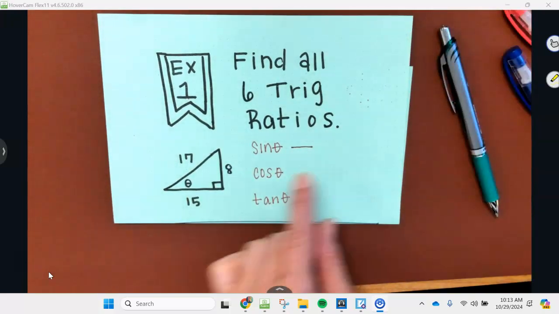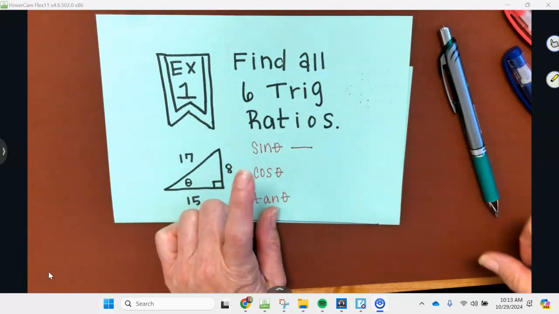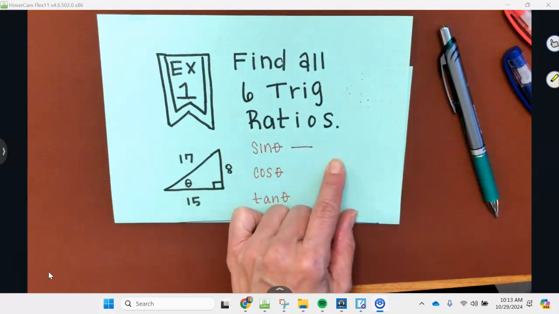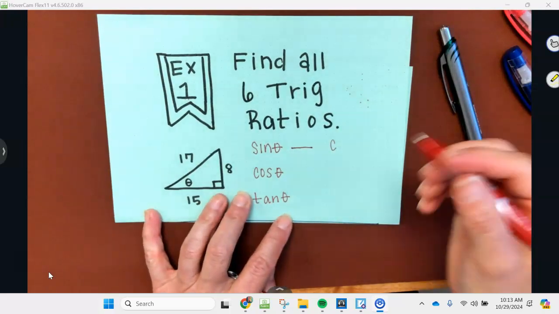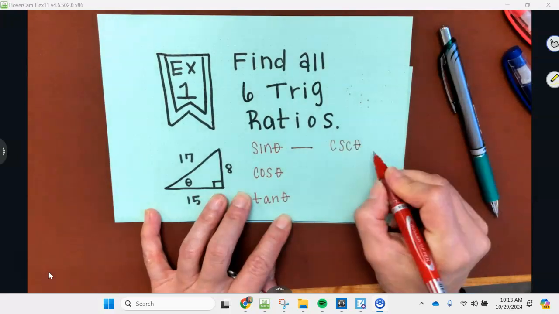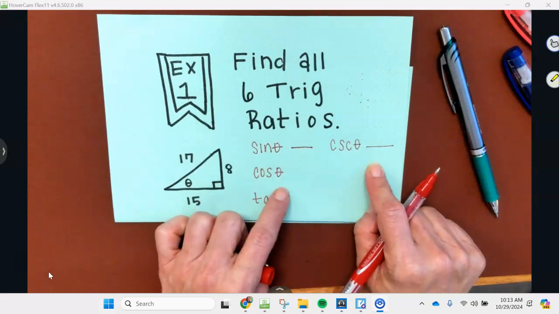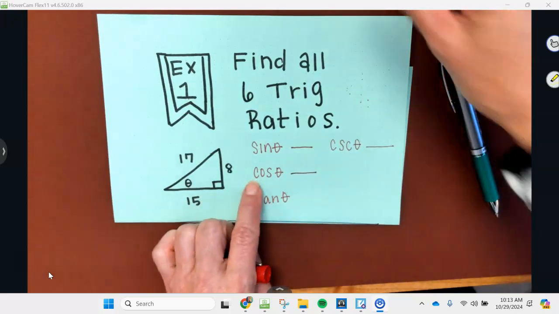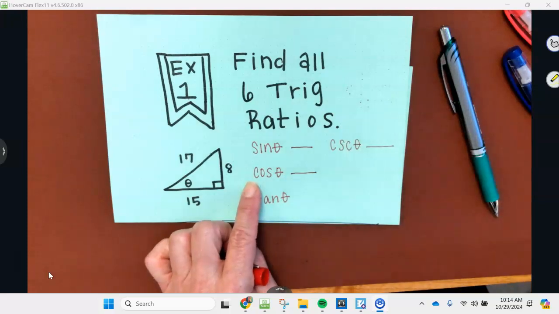Now to remember the reciprocal names. So we're going to find sine in a moment, and I'm even going to draw a fraction bar there. And then we're going to find the reciprocal. The reciprocal of sine always starts with the other letter. So if this starts with an S, then the reciprocal starts with a C, and it's cosecant. So cosecant is always going to be the reciprocal for sine. Down here, this is cosine theta. So cosine starts with the letter C. So the reciprocal starts with the other letter.